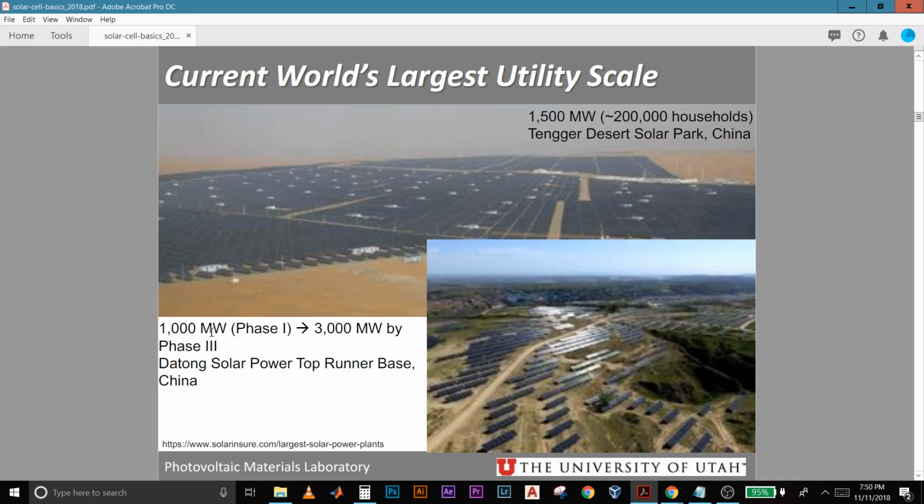There's also another power station again in China which can produce 1000 megawatts for its phase 1 production, with a projection of up to 3000 megawatts when it expands to phase 3. So definitely China is doing very well when it comes to adopting solar power for electrical power generation.